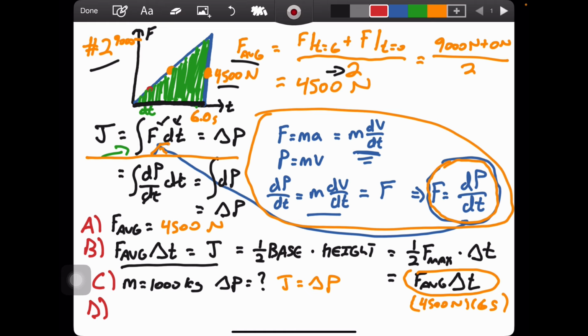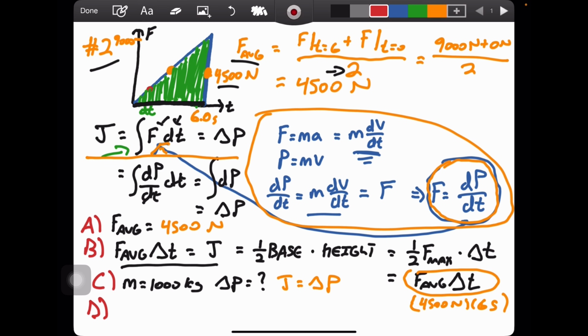So you can imagine that the car's speed is going to be the most when the force finally stops. It's going to keep accelerating until it stops. So it's definitely at 6 seconds where the car is going to have the maximum speed, because it continues to accelerate and therefore the velocity continues to change over time.